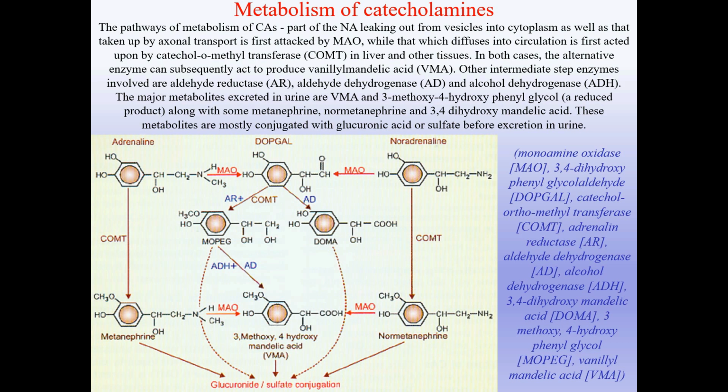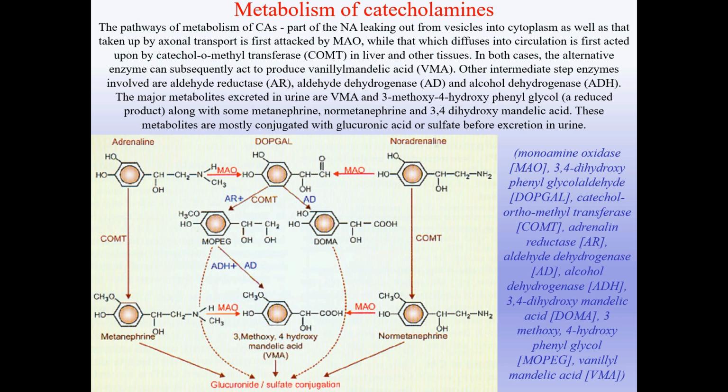Other intermediate steps enzymes involved are aldehyde reductase, AR, aldehyde dehydrogenase, AD, and alcohol dehydrogenase, ADH. The major metabolites excreted in urine are vanillyl mandelic acid, and 3-methoxy-4-hydroxyphenylglycol, a reduced product, along with some metanephrine, normetanephrine, and 3,4-dihydroxymandelic acid.